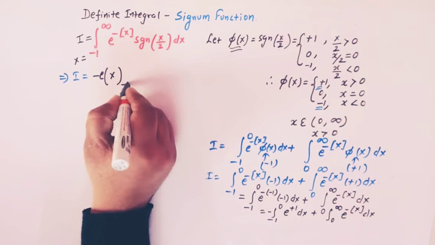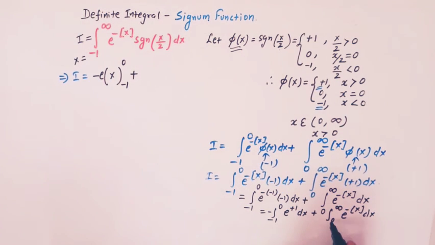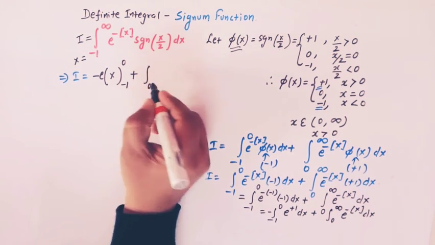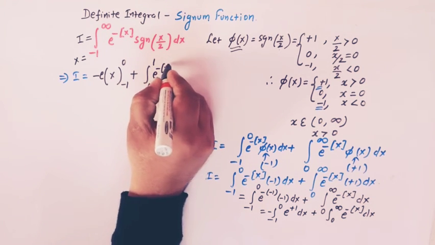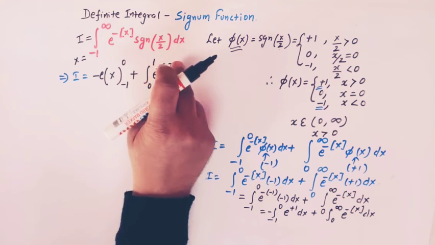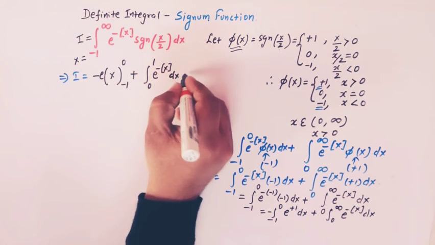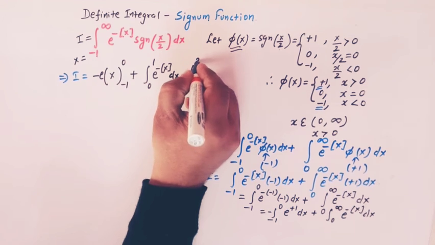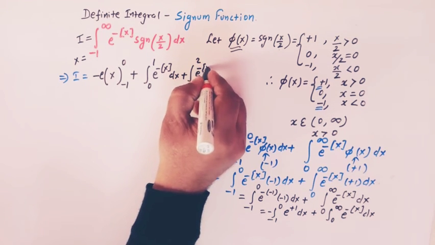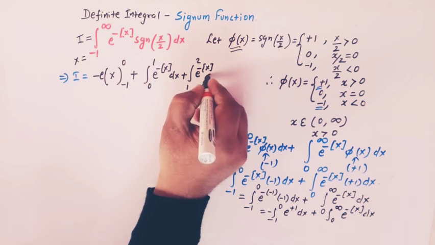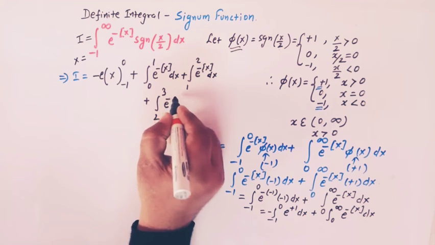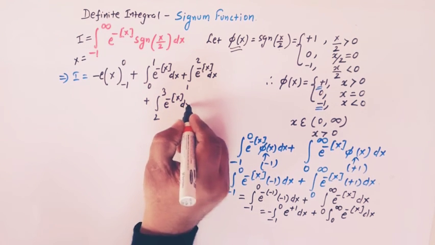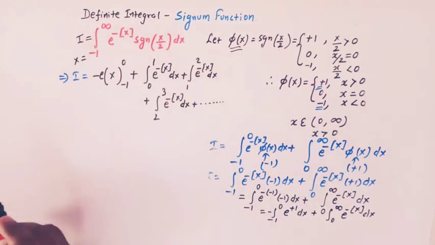The limits are from -1 to 0, and now we can write this integral as a sum of these integrals, that is 0 to 1 e raised to minus greatest integer x dx, and plus 1 to 2 e raised to minus greatest integer x dx, plus 2 to 3 e raised to minus greatest integer x dx, and so on, right?